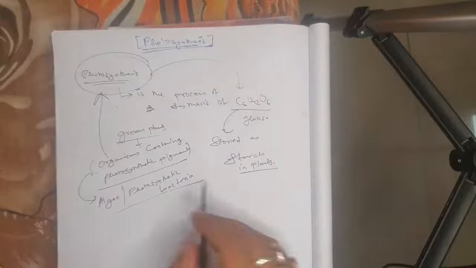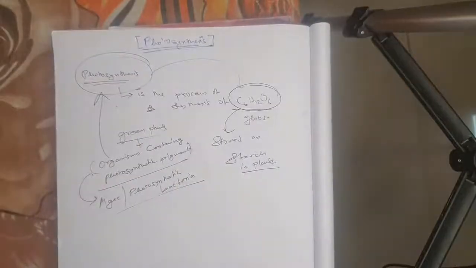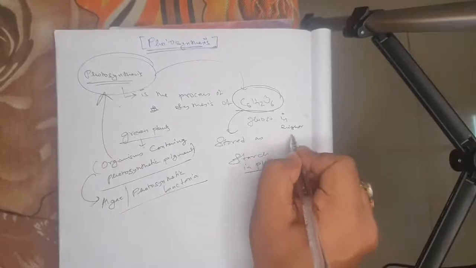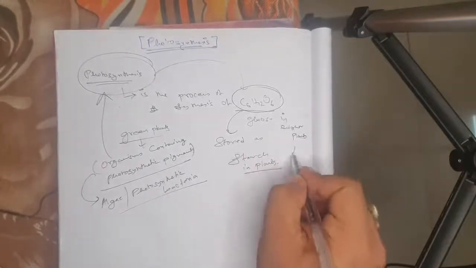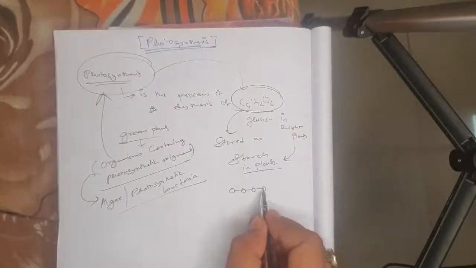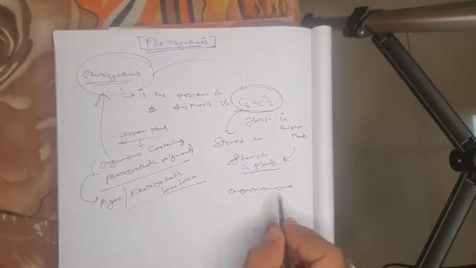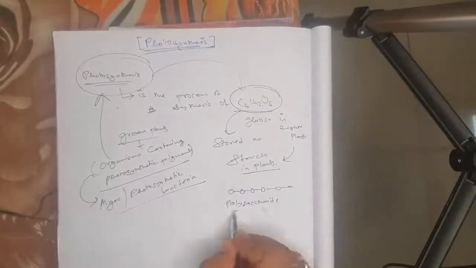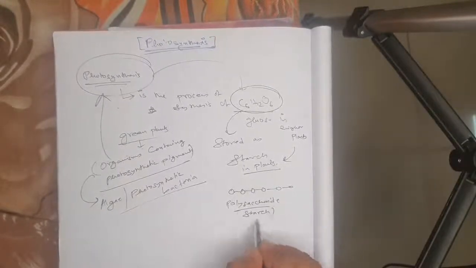They can do photosynthesis, which means they can prepare C6H12O6. In higher plants, the glucose is stored as starch. Multiple units of glucose form a polysaccharide, and then it becomes starch.